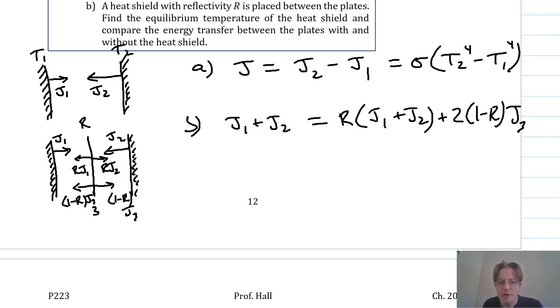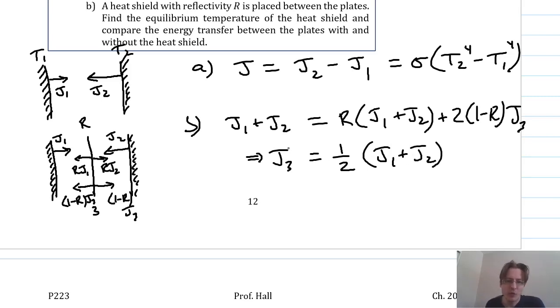This is an equation to find the temperature T3. I simplify. The 1 minus R cancels on both sides. Just like we saw in the previous one, the reflectivity part doesn't actually affect what temperature it reaches. So what I find is that J3 just comes out to be the average of J1 and J2, 1/2 times J1 plus J2.